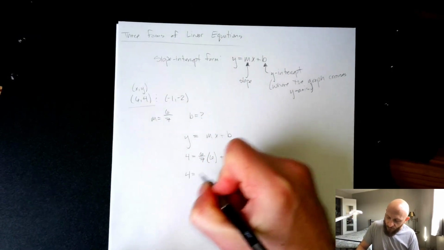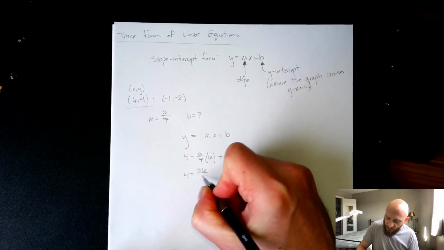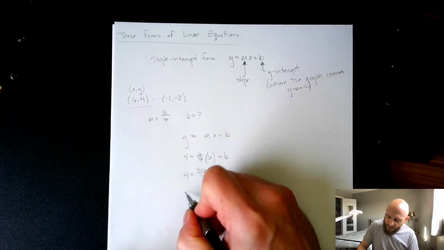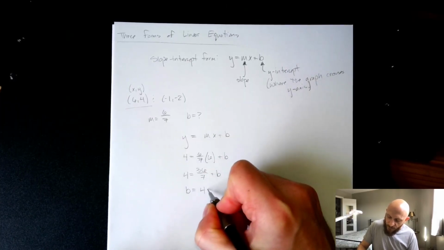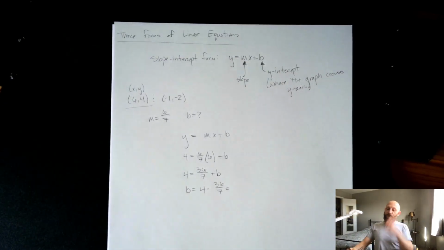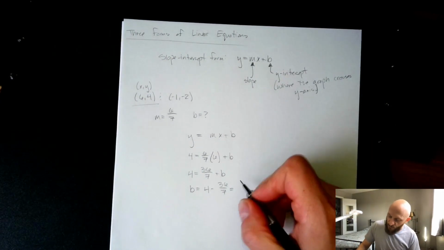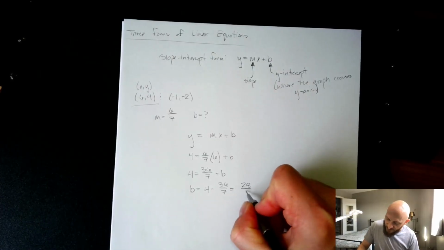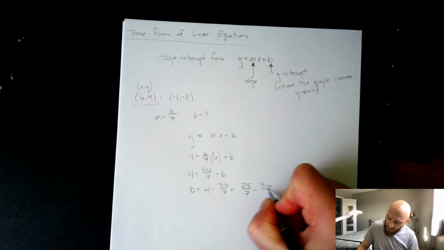So 4 is equal to 36/7 plus b, so b is equal to 4 minus 36/7. 4 times 7 is 28, so 4 is the same as 28/7 minus 36/7.